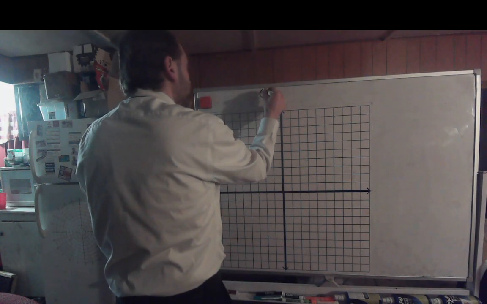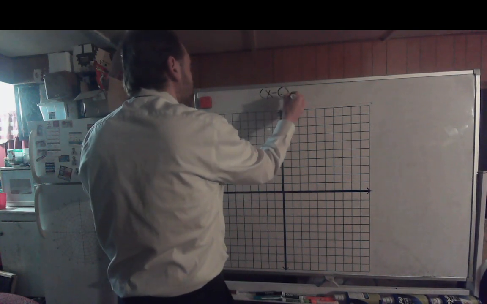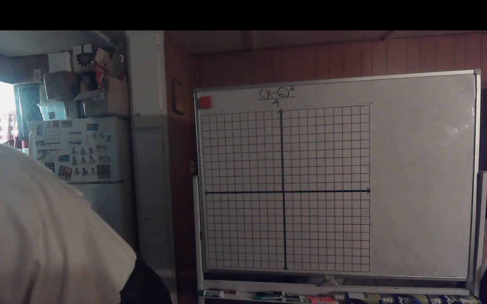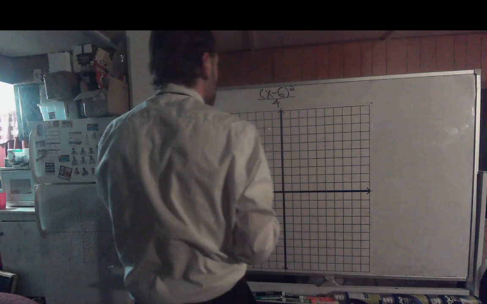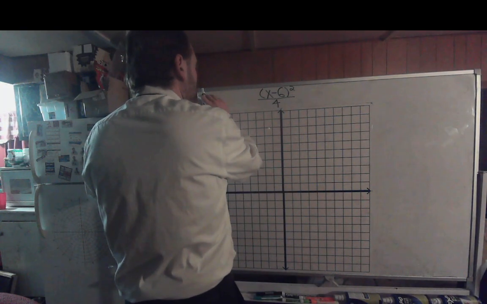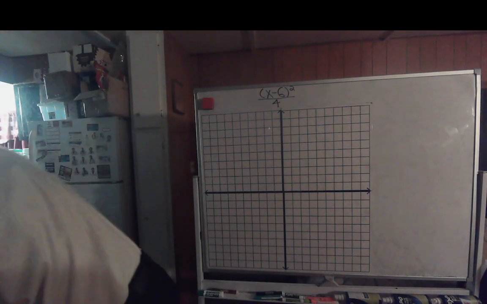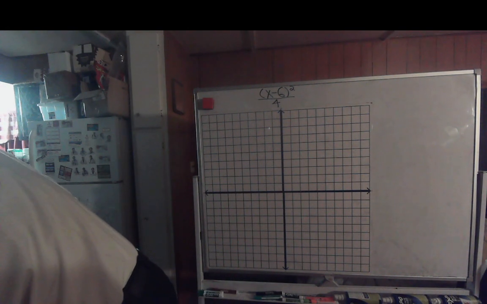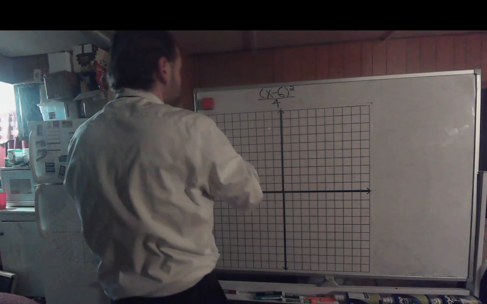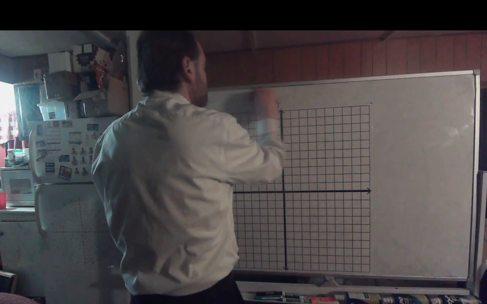Let's see. So we have x minus 6 squared all over 4. Actually, no, let's change that a bit, because this will put us off the charts.